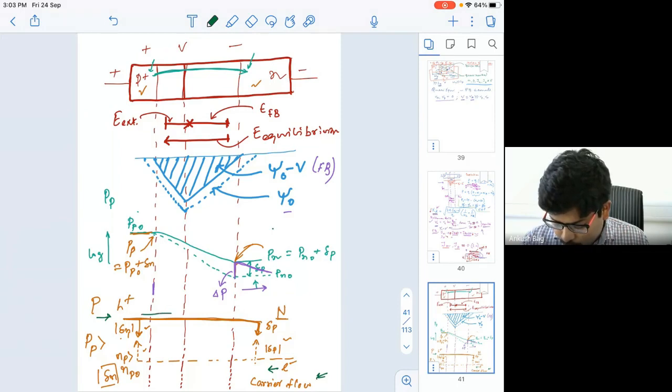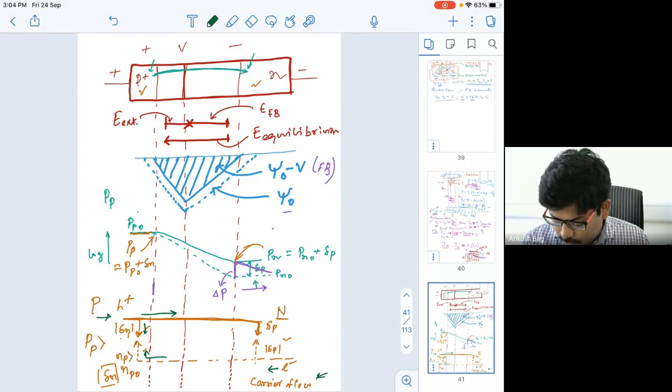One component will go to the n side, essentially crossing this space charge region, and another part will come and will recombine with the injected electrons from the n side. So there are two parts of your hole supply from the p side.